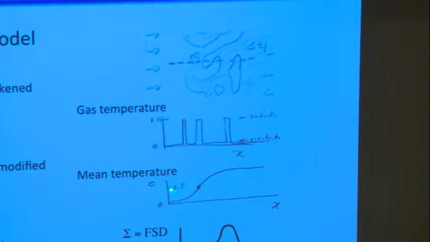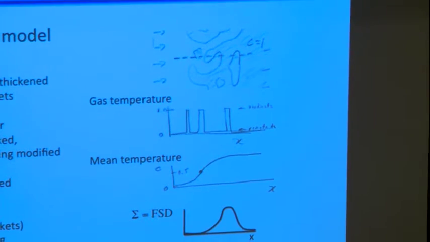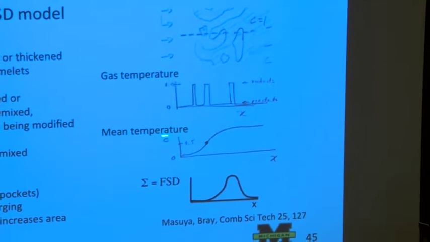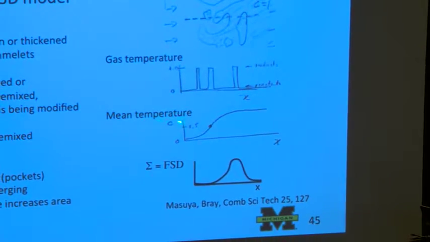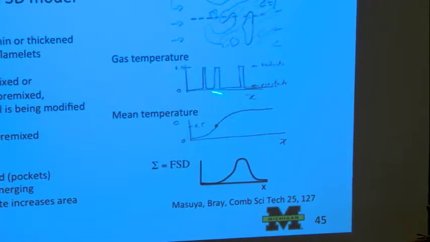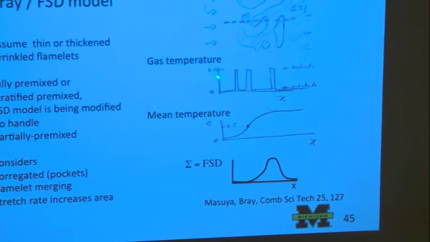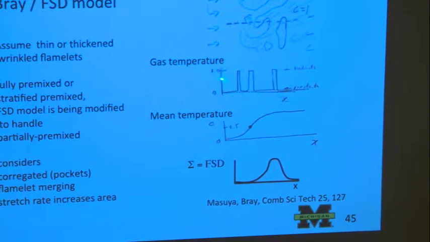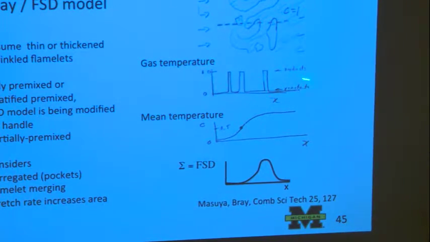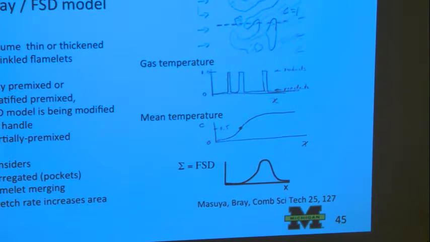On the other hand, the mean temperature, and I should have put a bar over that. That should have a bar over the top. The mean temperature now would be, if you were to take this ensemble average, this is in X, so if I converted this to time and then took the average, I'd get the C bar, and it would go up as we go in the X direction. The mean temperature would go up as you go through the flame brush.